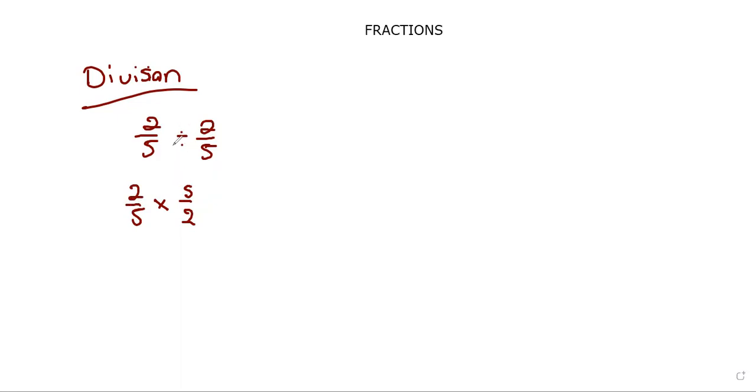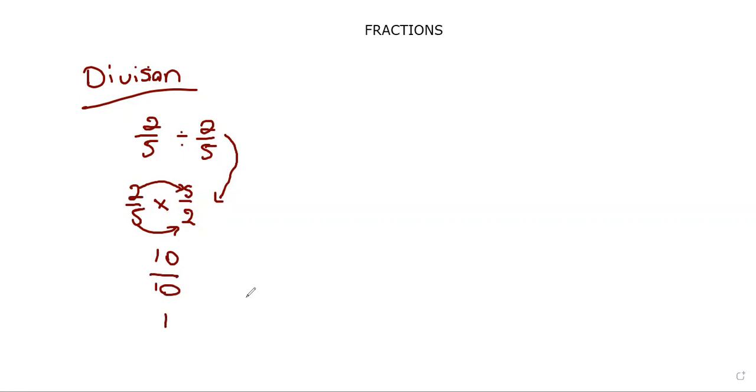When you have a division, it will swap from division to multiplication, and these values will swap. You'll notice that 2 is now a denominator and 5 is now what? A numerator. Then you're going to say 2 times 5, get a 10. 5 times 2, get what? A 10. Then you get a 1.